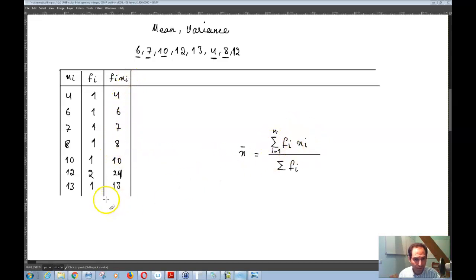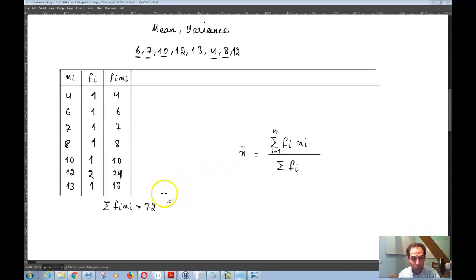Calculate sigma f of i x of i, which is equal to 10 plus 15 is 25, 35, 55, 65, 65 plus 7 is 72.